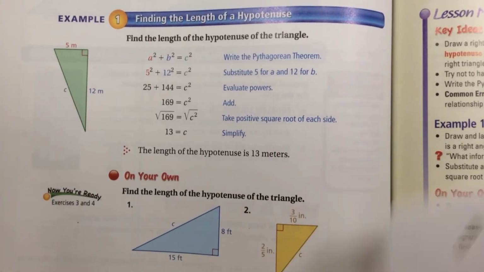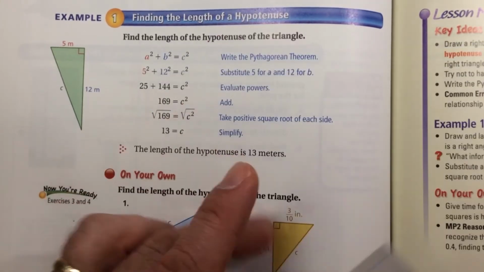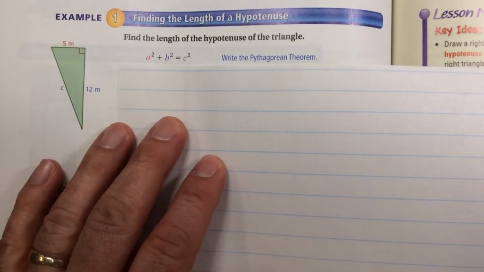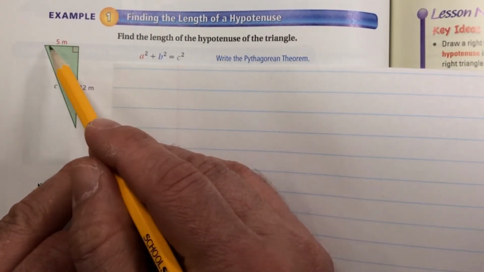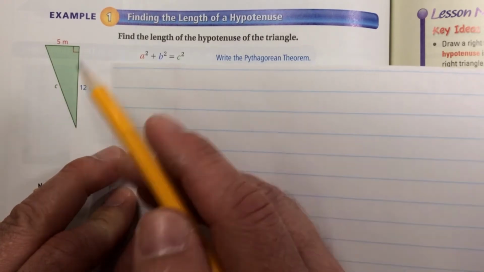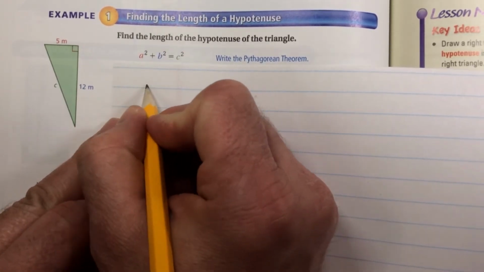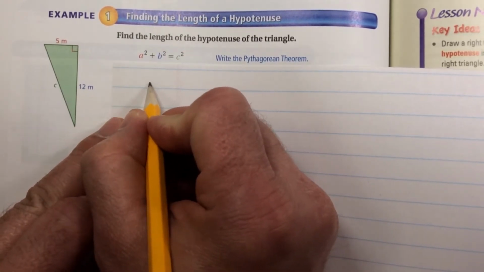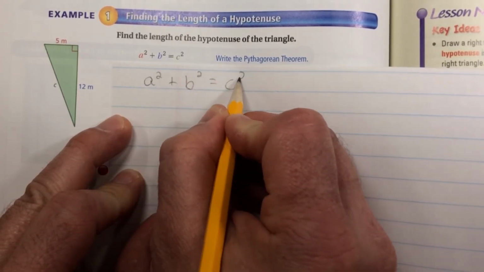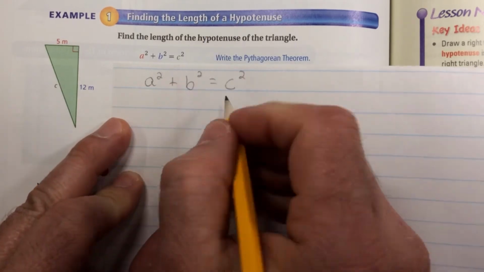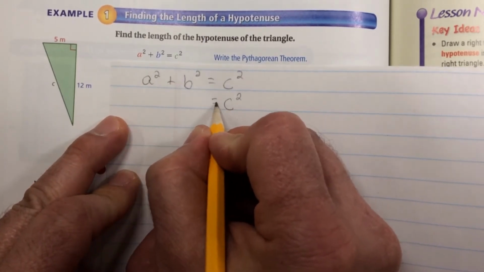Let's see if we can use it, and maybe it'll make a little more sense if it doesn't already make sense to you. So find the length of the hypotenuse. So we've got this leg, and then an unknown. The hypotenuse length is unknown. So we just use a squared plus b squared equals c squared. We don't know the hypotenuse, so that'll just say c squared.